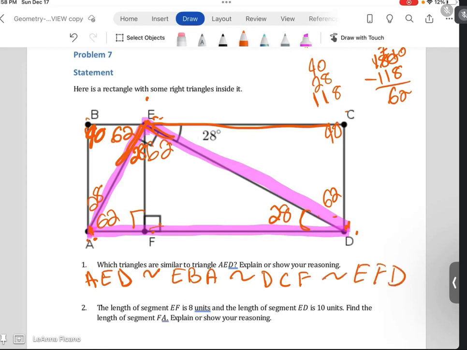Okay, they're all similar. All their angles are congruent, and they have proportional relationships.